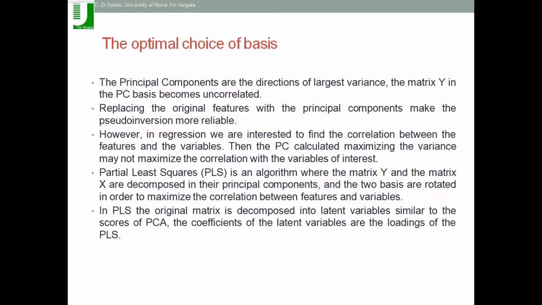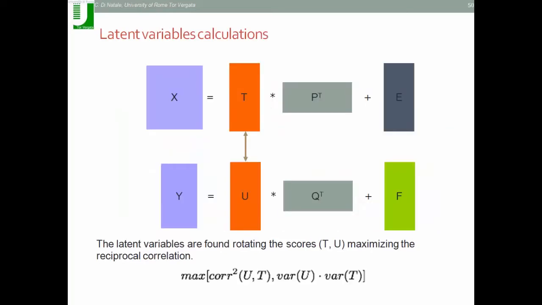This is an algorithm where we take into consideration the two matrices, the matrix of the sensor response and the matrix of the concentrations, or the variables that we want to estimate. We calculate principal components in both cases. So this means that we have removed correlation.